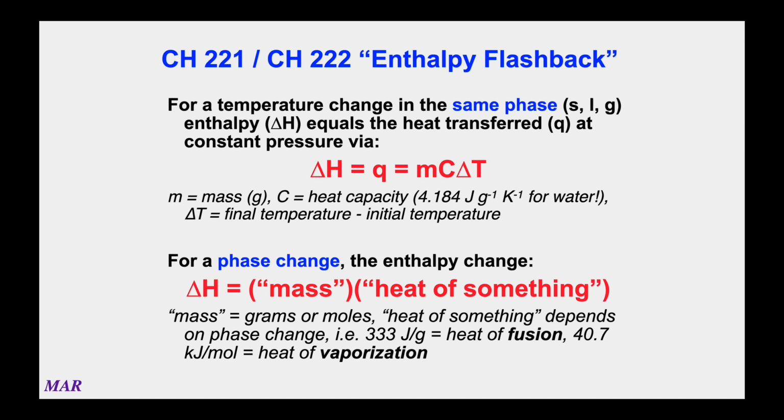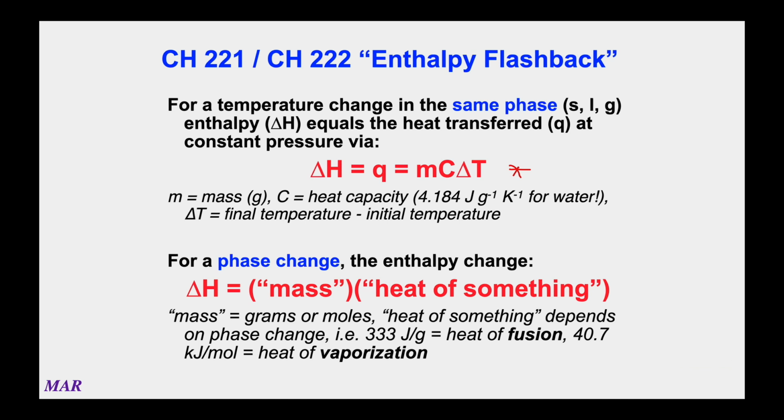And the first thing I want to do is talk about when you had an enthalpy change or a heat change Q, when you had an energy change for a temperature change, but no change in phase. If you remember from Chem 221, one of the equations we looked at was Q equals mcΔT. And remember that Q at constant pressure is ΔH, so if you want to think about it as ΔH, that's fine. But anyway, mcΔT is when you have a temperature change, but no change in phase.